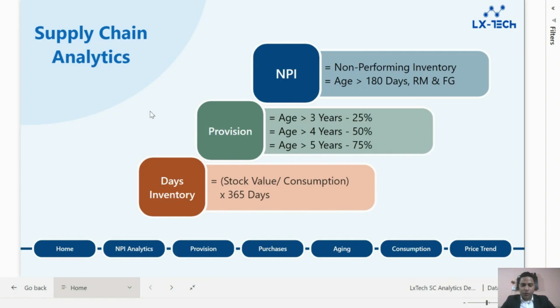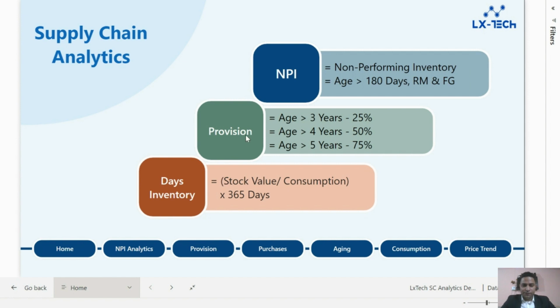So the next application in Power BI is supply chain analytics. This is the favorite one for me. So we will target three KPIs in this application: days inventory, provisions, and NPI. Days inventory will help us to control the procurement, so that we lock the procurement on days inventory, in order to make sure that we don't over procure, and at the same time it is based on the plan.